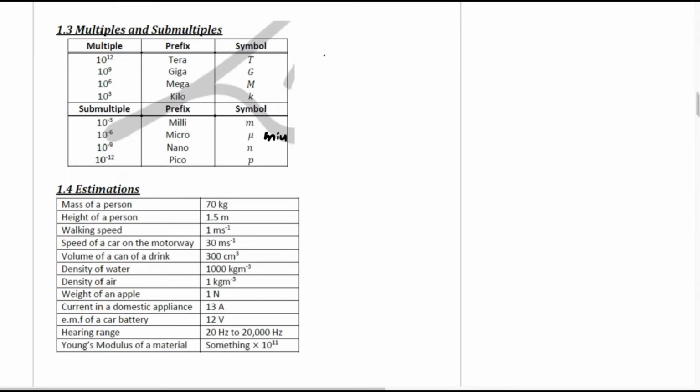If you have a quantity with multiple or submultiple and you want to change it to a quantity without multiple or submultiple, what we do is we multiply with 10 to the power of something, depending on which one.